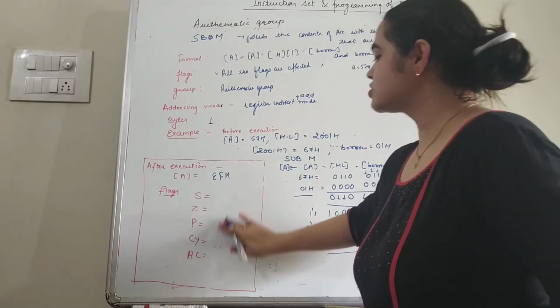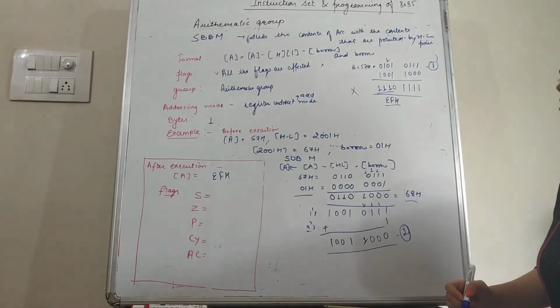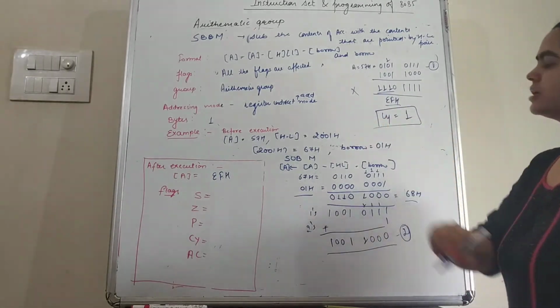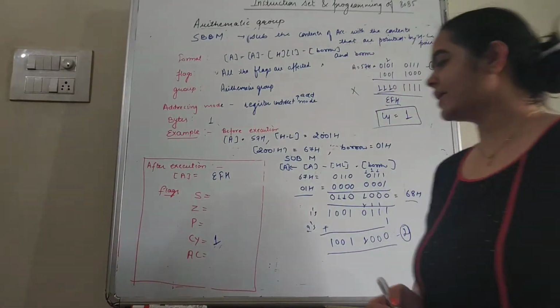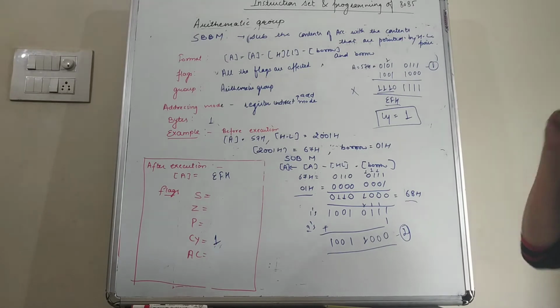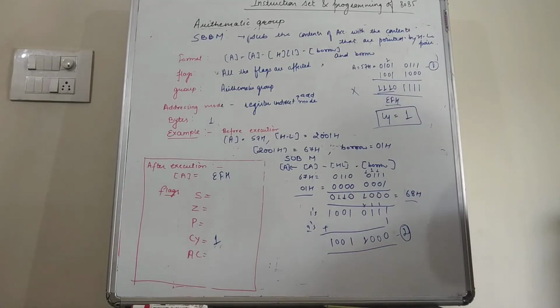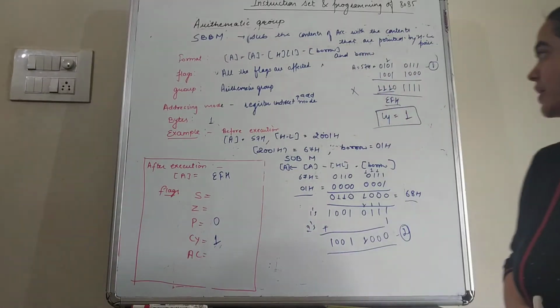So this will be stored in the accumulator, and here the carry is generated. That means after execution, in the flag register we can set the value of the carry flag. So here the carry flag is equal to 1. After this, in the result we have an odd number of ones, that is 7 ones, so we can reset the parity flag.